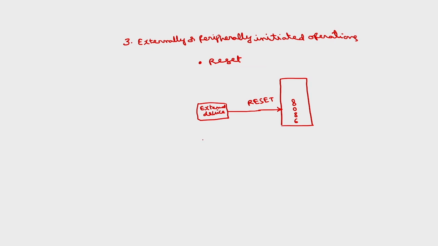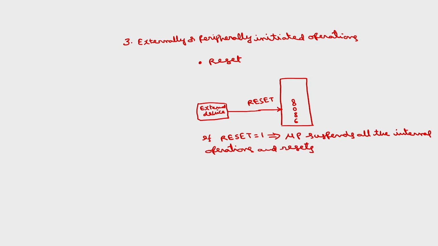So whenever reset is 1, if the microprocessor receives a high signal on the reset, the microprocessor immediately suspends all the internal operations and resets all the registers like data segment, stack segment, extra segment and all flags to 0.